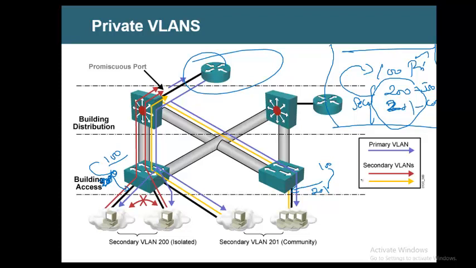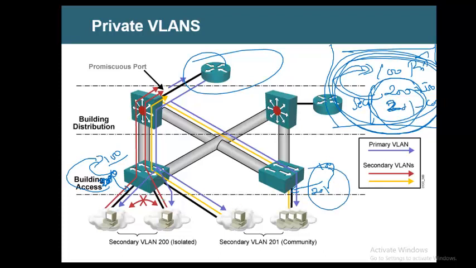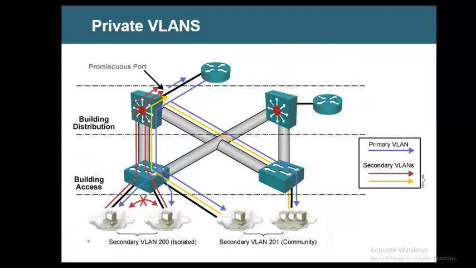This association, associating the secondary to the primary, needs to be done globally, and mapping the isolate to the primary is done at the interface level. If you understand this, then the configuration is going to be easier. I'm going to explain the steps, and definitely it will be easy for you to get it. Though we are not doing it, you will still be able to understand.